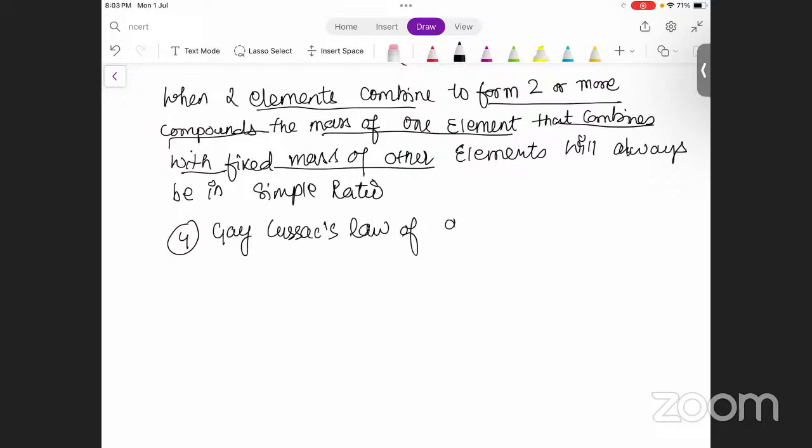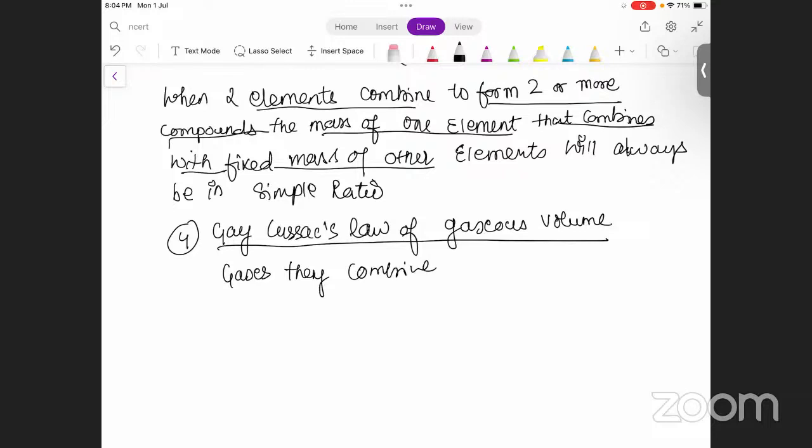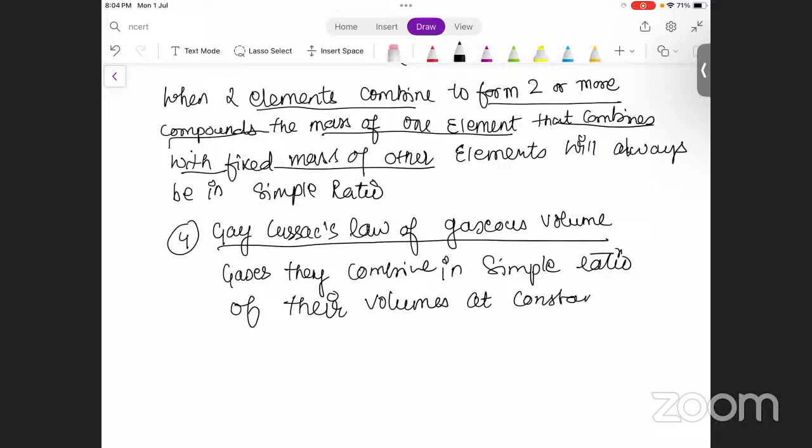So we have Gay-Lussac's law of gaseous volumes. What it says is gases combine in simple ratio of their volume at constant temperature and pressure.